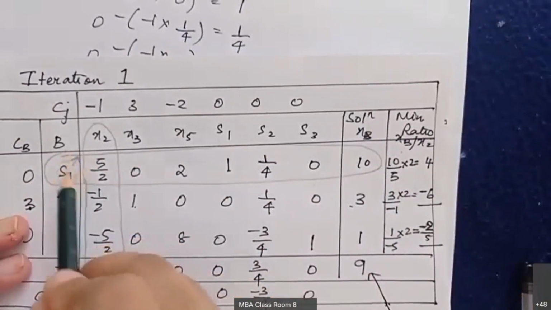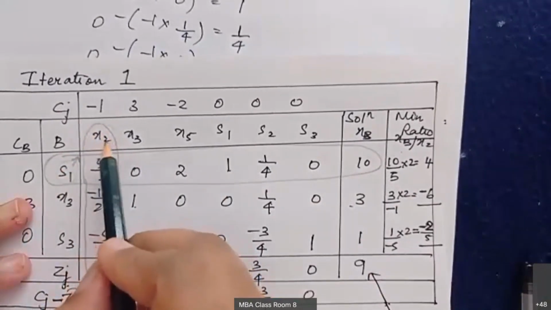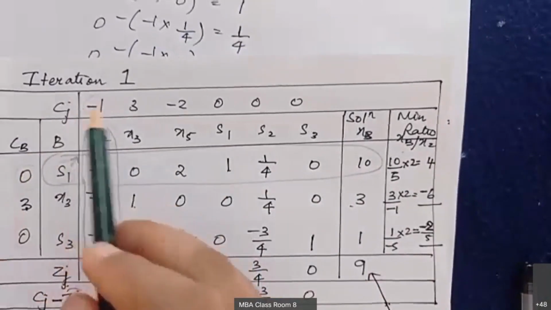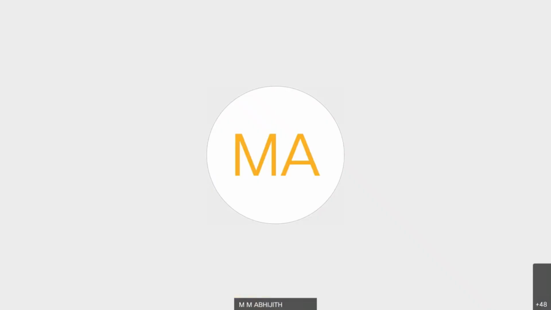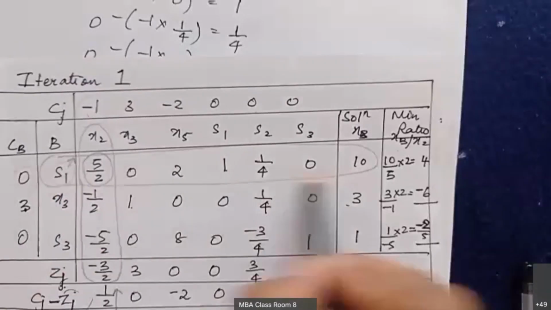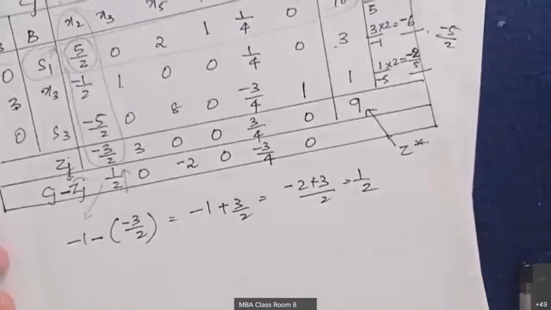In the next simplex table, instead of S1, we will have the value of S2. So instead of 0, we'll have the coefficient of X2, that is minus 1. Over here we have the key element as 5 by 2. The intersection of these two, 5 by 2, is going to be the key element.